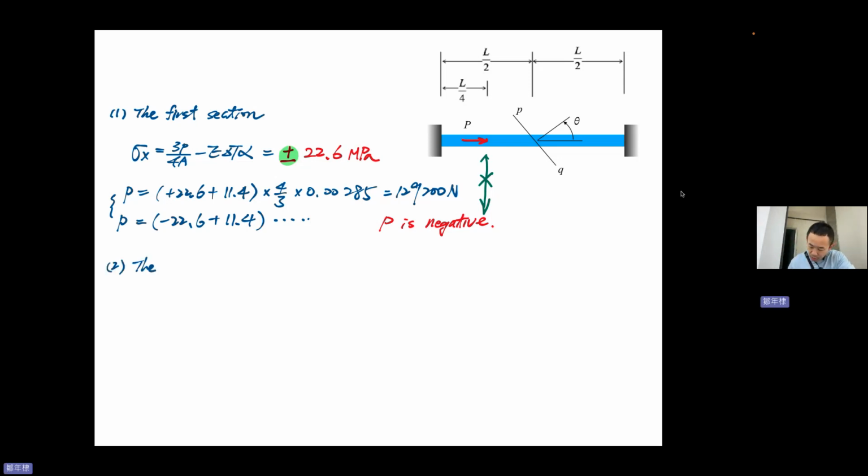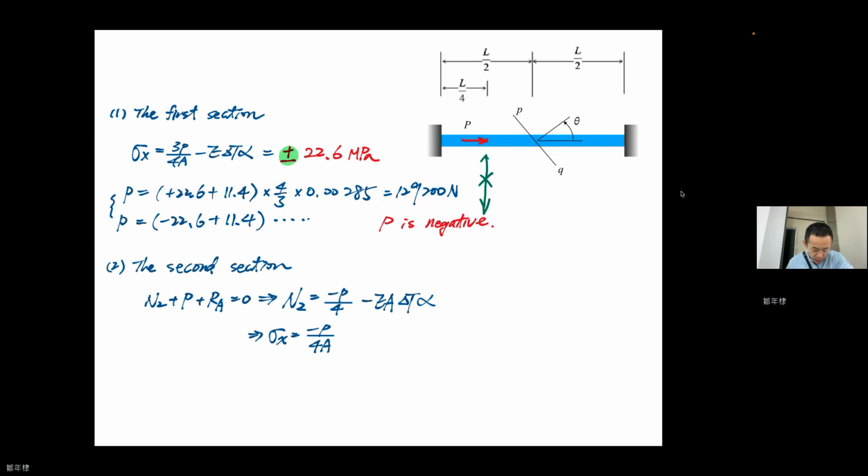The second section will be exactly the same. N2 plus P plus RA equal to 0. So N2 equals minus P divided by 4 minus EA delta T alpha. Okay, and the sigma x equals minus P over 4A minus E delta T alpha.